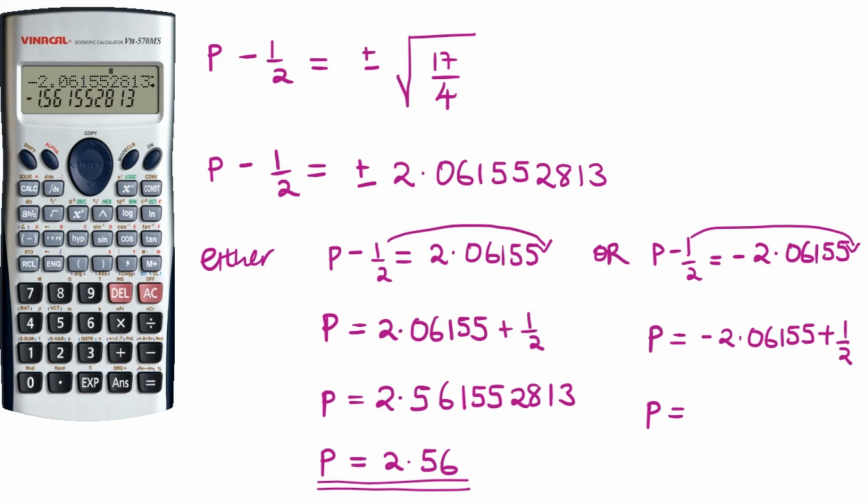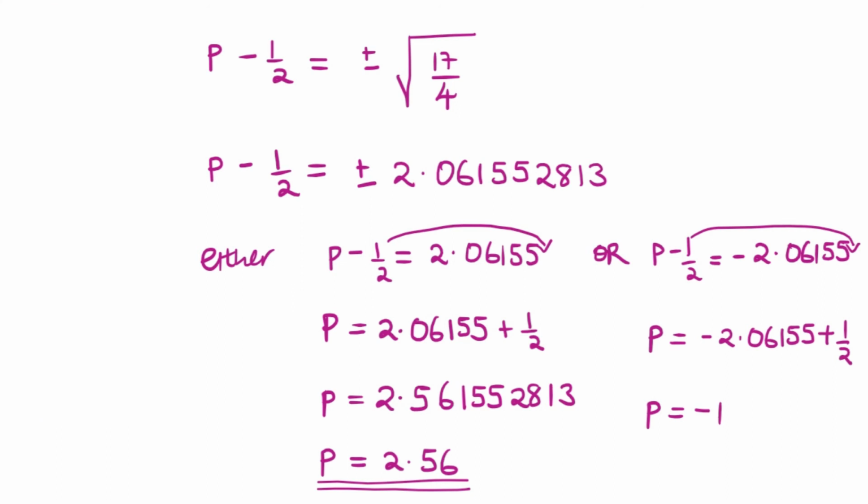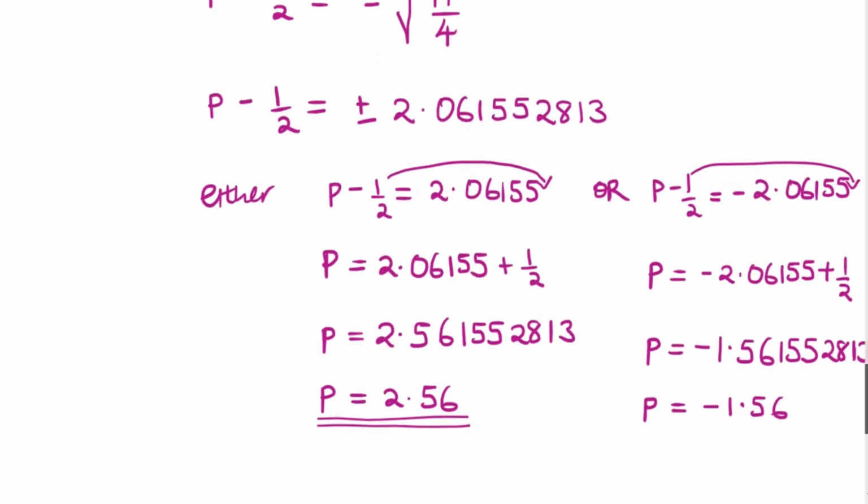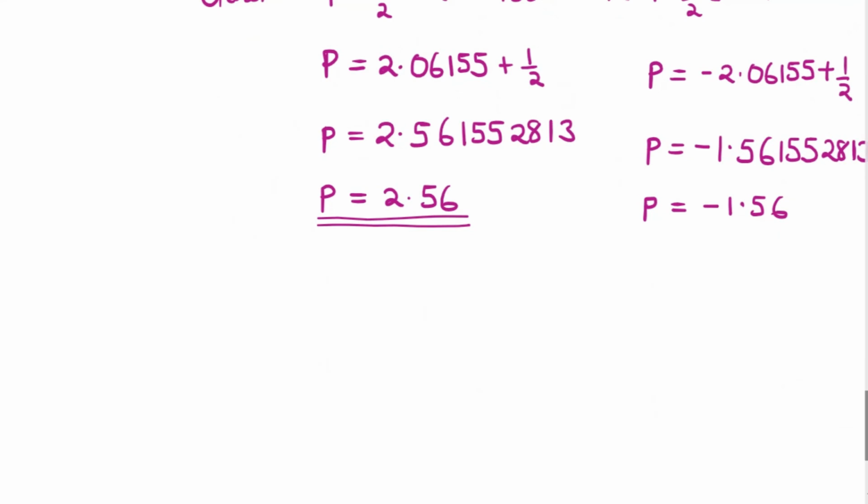So we are adding 0.5 there to give us negative 1.561552813, and to 2 decimal places it will just be p is equal to negative 1.56, and this one will be the other answer for p.